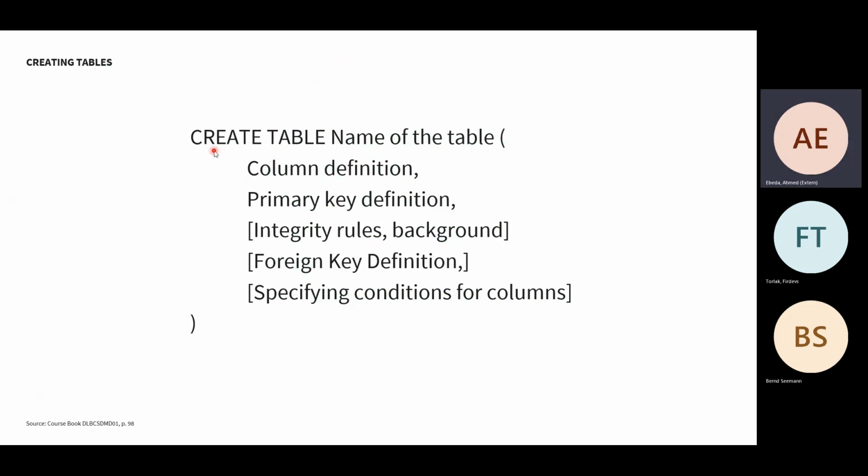If you want to create a table, you write create table and give the name of the table, like customer, department, or whatever. Then you give the column definitions, primary key definition, integrity rules, which is information about the attributes for this table.